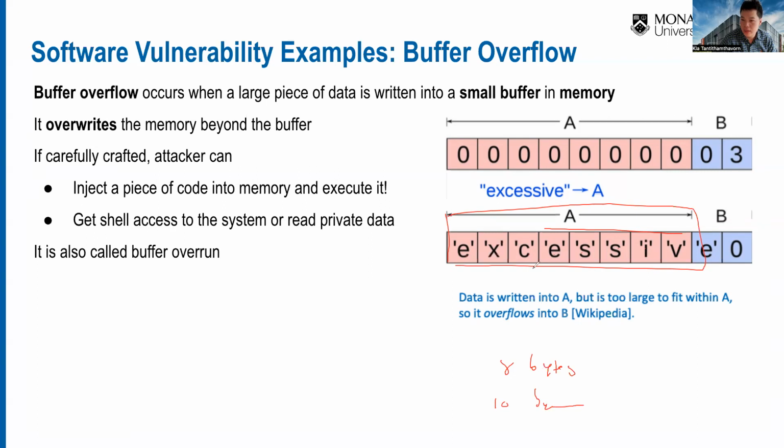So instead of just the excessive data, you put the extra data into the system, and what happens is that you can get shell access to the system, or you can inject a piece of code into memory and execute it as well. Let's say this is a password, and then you run the next one, rm -rf slash, that kind of thing.